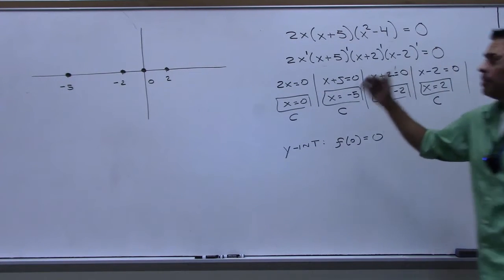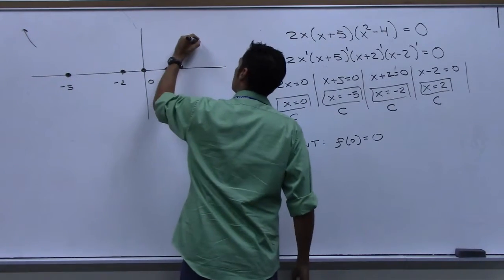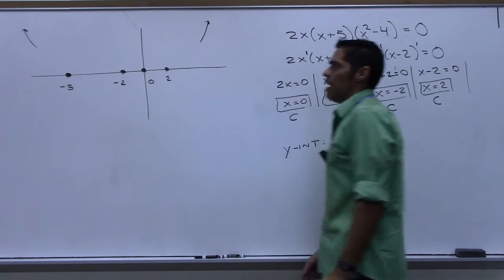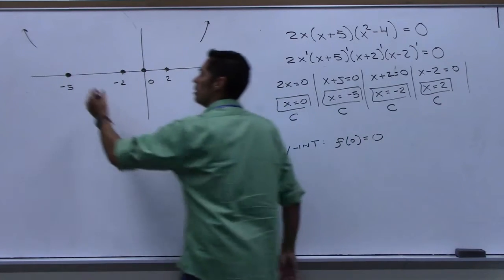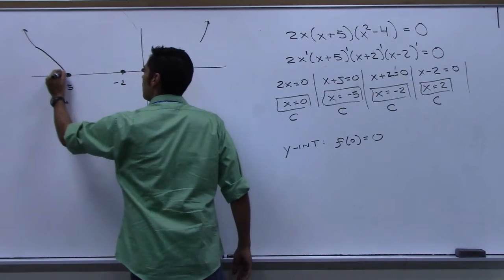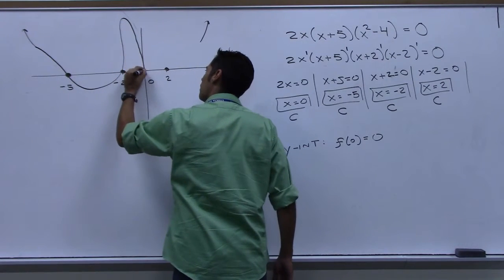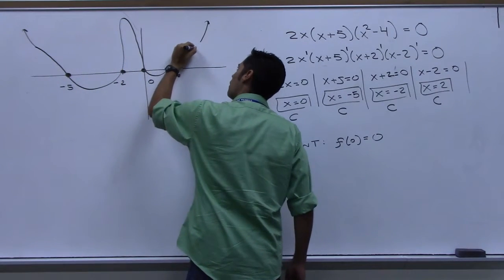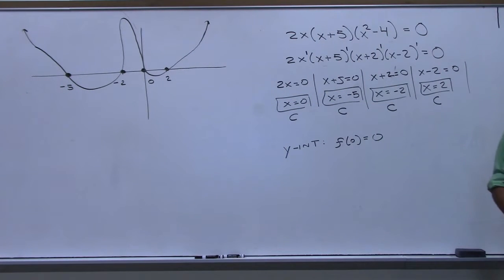Both sides went up. So I know that it looks like this, and over here it looks like this. And I cross through at every single x-intercept. So it's just back and forth, a little roller coaster, crossing through at every point.